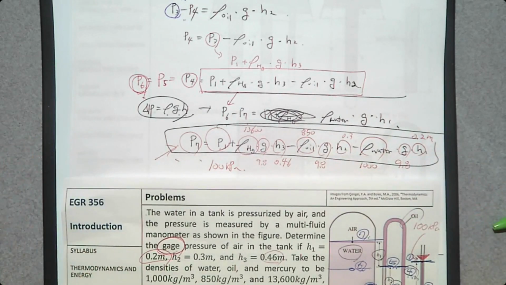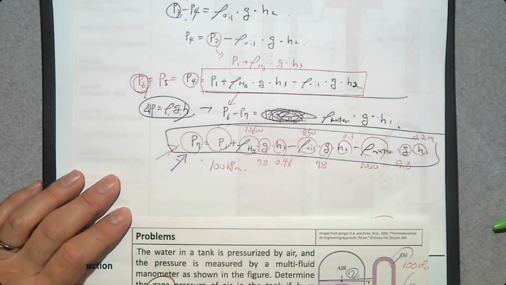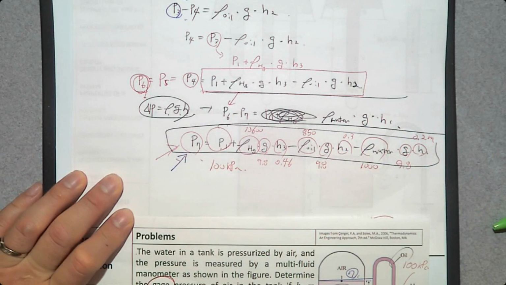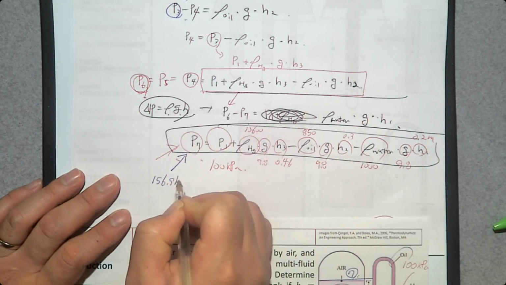Then you can determine P7. If you do, the answer for this P7 is going to be 156.9 kilopascal.